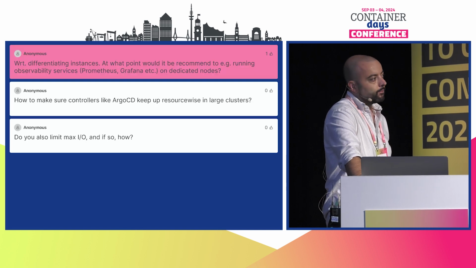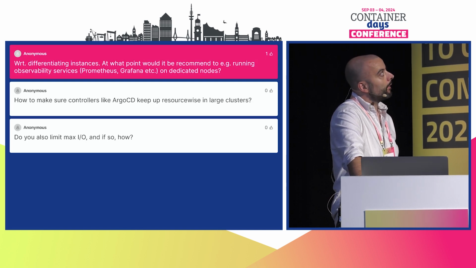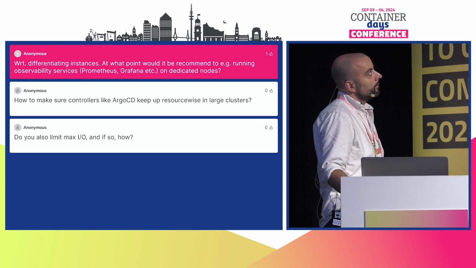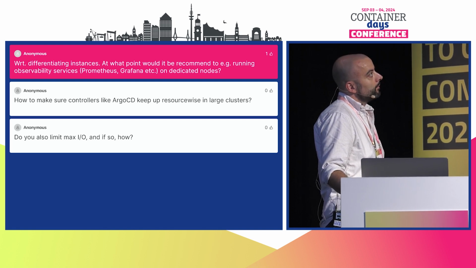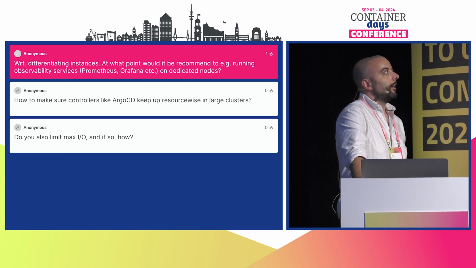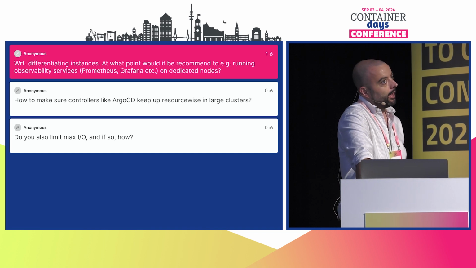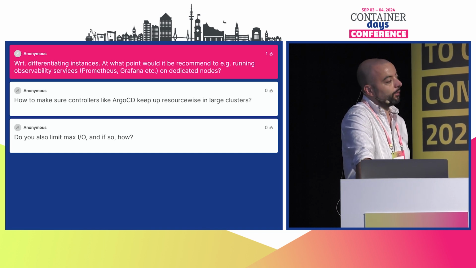That's a very comprehensive answer. With regard to differentiating instances, at what point would you recommend running observability services on dedicated nodes? It really depends on the quantity of metrics you handle, and also if you need special permissions for those services.